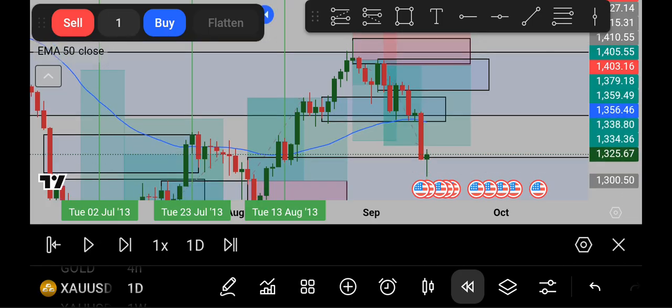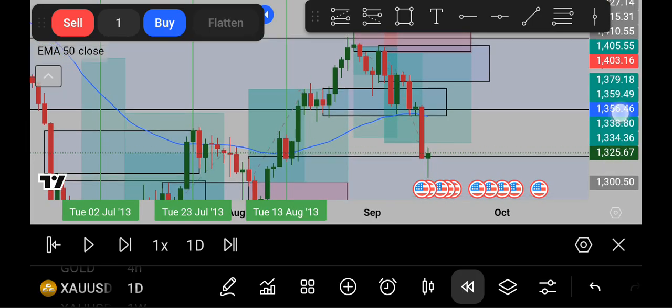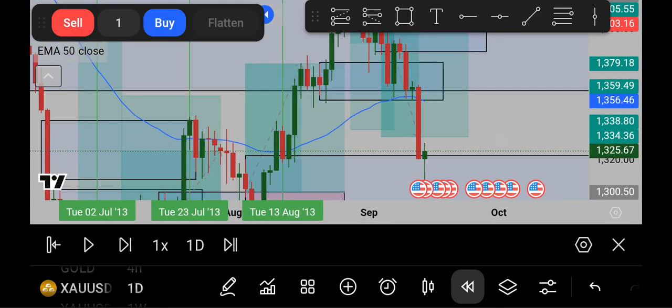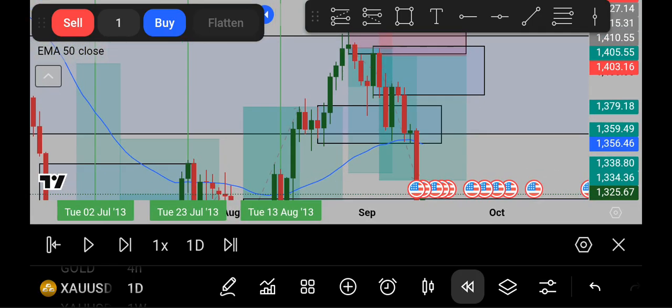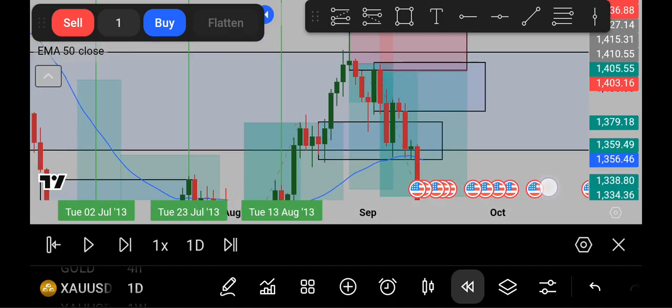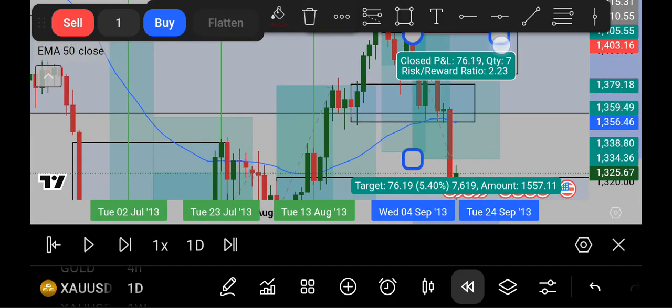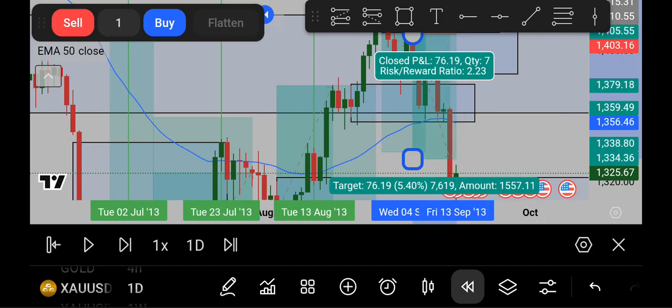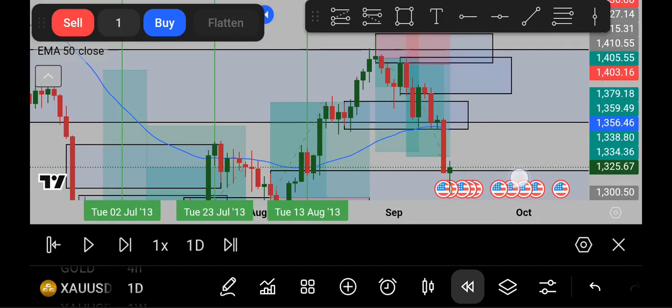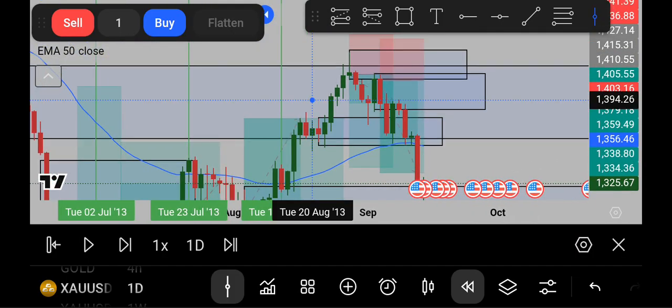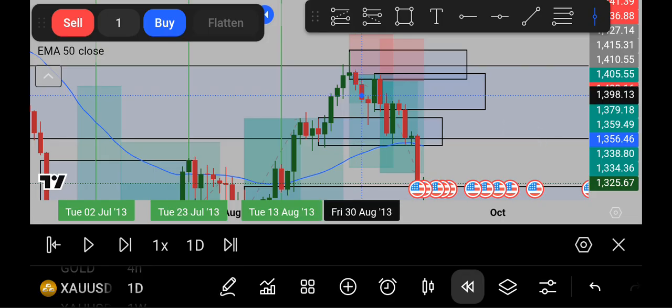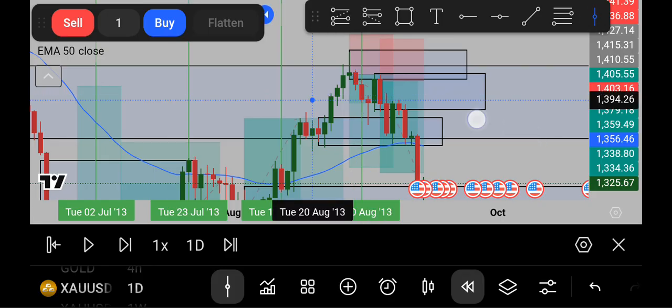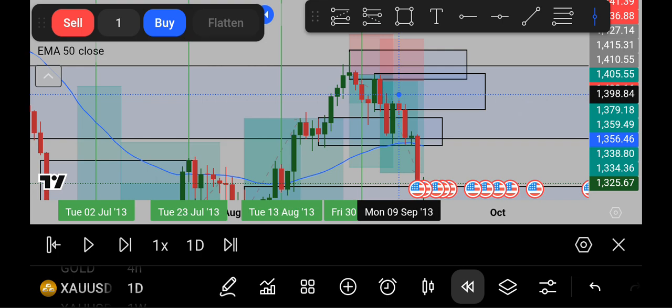Now all three of my entries have smashed the TP just the way I predicted. Now what do we see? We mark it with a green candle.